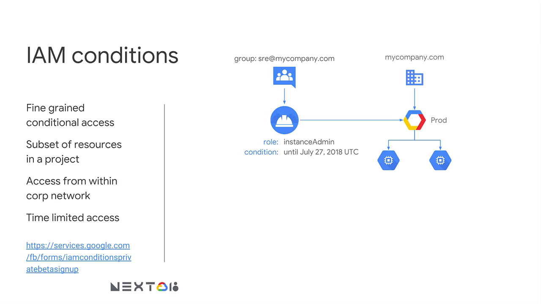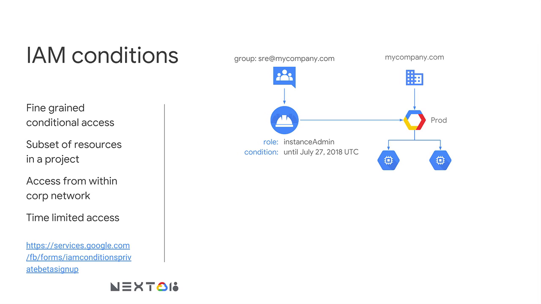Conditions that allow you to discriminate access at a sub-project level. So you can, for example, give access to users only to a subset of the VMs in a project based on the name prefix on those VMs. The second use for conditions is to discriminate whether a user is accessing your data from a corporate network as opposed to a public network in a cafe.